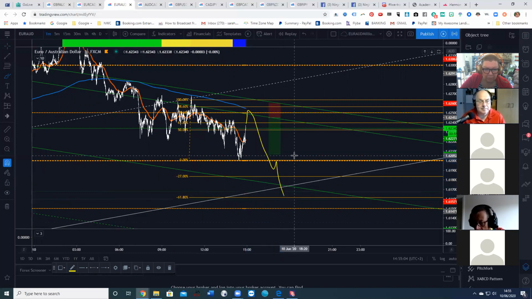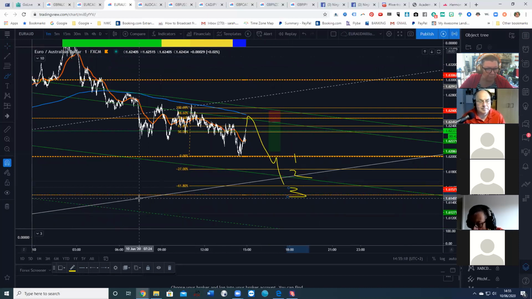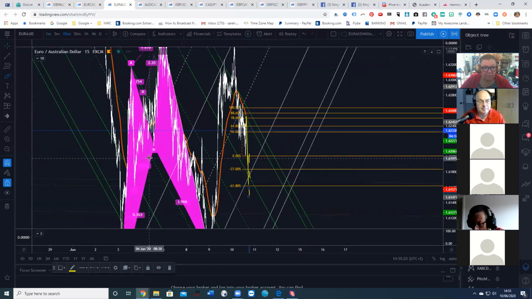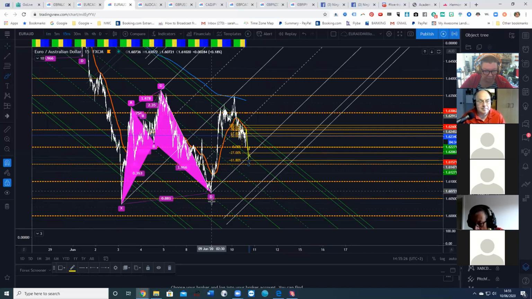With profit 1, profit 2, and that zone there, profit 3 to the 61.8 in the quarter theory, because that is a downward scan, that green one. So I've got that white one going there. So where's that white one? That's our one from the 9th of June.